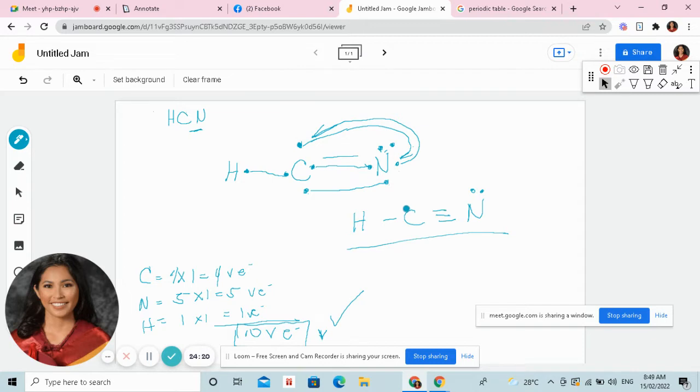Now, in this structure carbon has achieved the octet rule, and even the nitrogen also. Then, if you have unpaired electrons from each atom, then you can pair them up, forming another bond. Just take note of that.